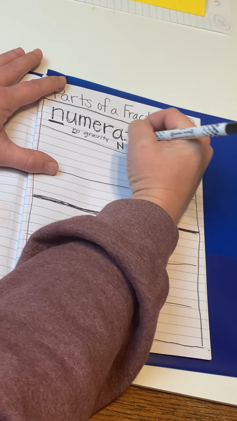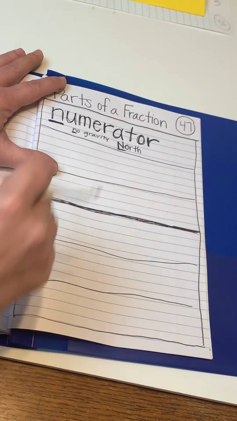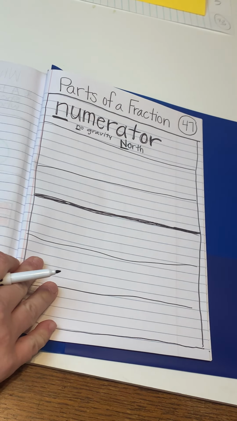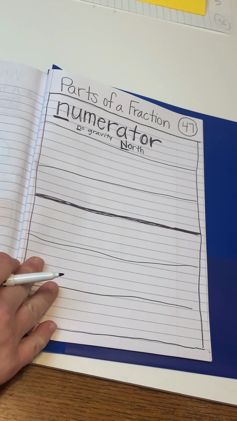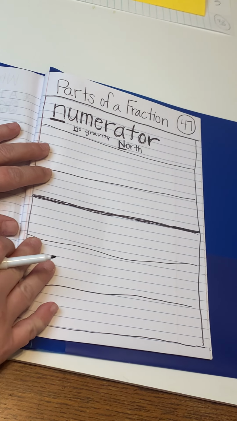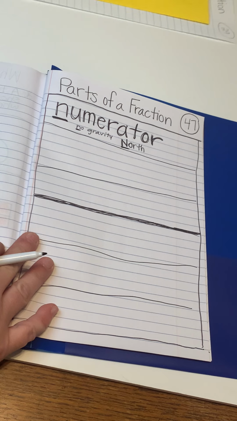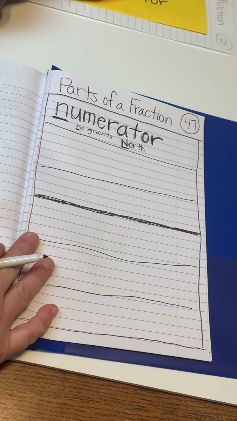North, we usually find on a map at the top, and that also starts with an N. Right, so the numerator is your top number. There's no gravity. It's north. It's at the top. Okay. Once again, as always, if you need to pause, go ahead and do that.